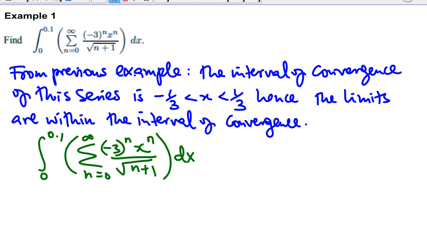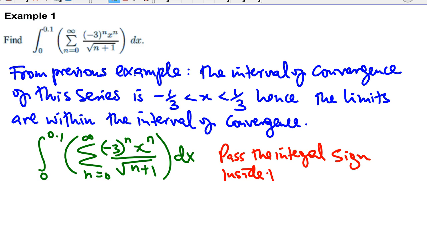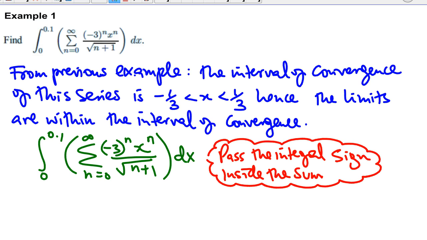Like I said previously, you can pass the integral sign inside the summation sign.